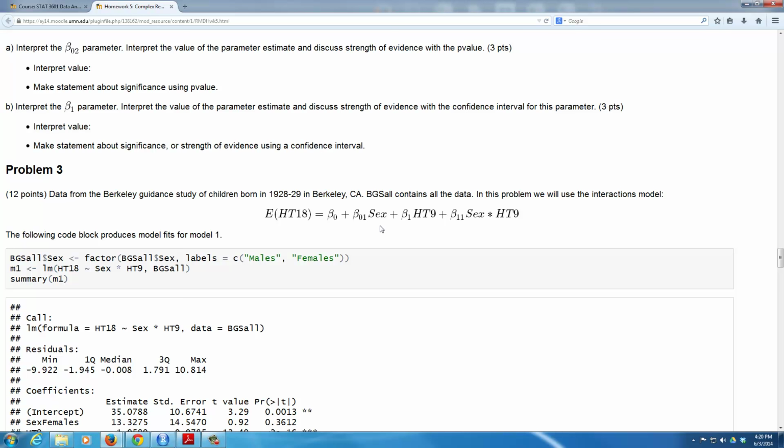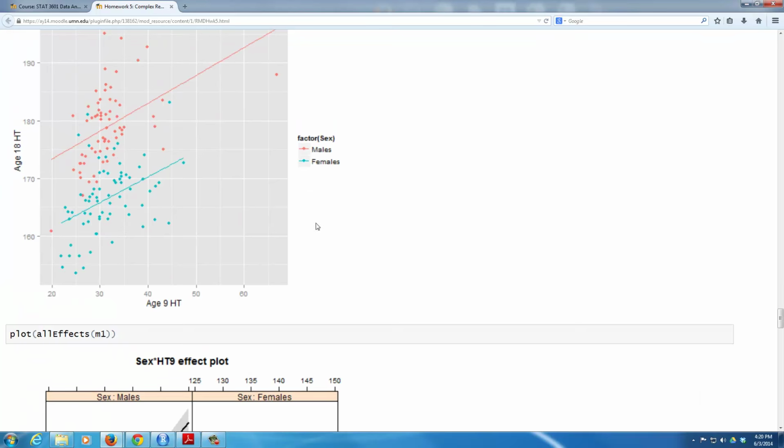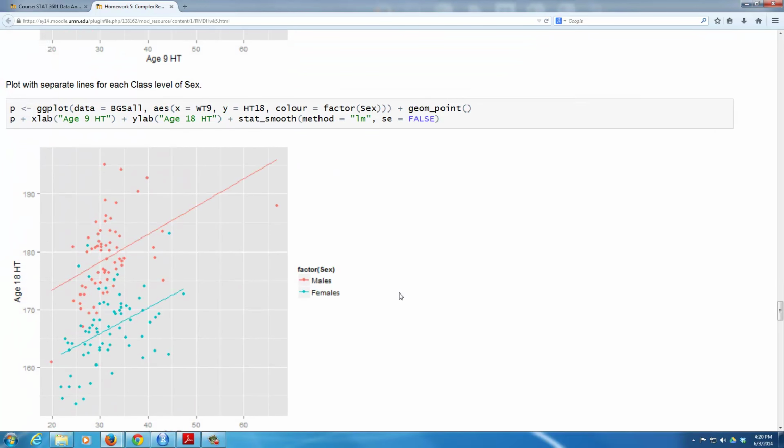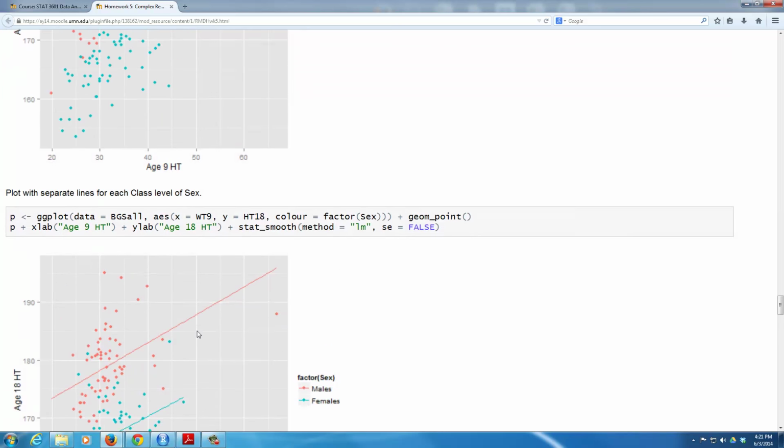And so this is going to be a model that has separate straight lines. And if you want to visualize that, here are the separate straight lines for the orange-red points, the males, and the aqua-blue line for females. Separate lines and separate slopes and intercepts. It looks sort of parallel here, but we'll need to determine that with our model.